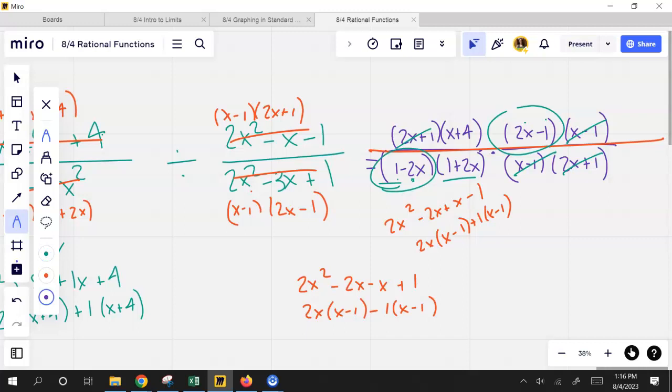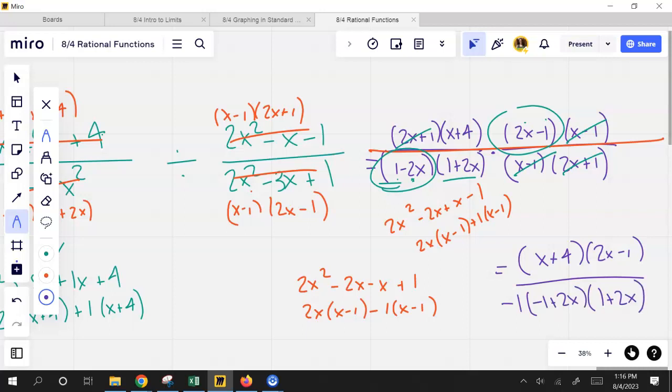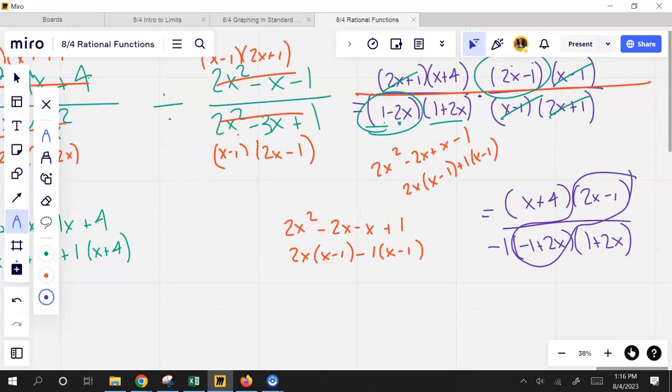Up top, x plus 4, 2x minus 1. On bottom, I'm going to take that negative 1 out. That leaves me with negative 1 plus 2x, 1 plus 2x. Now, these are the same, and those cancel. So simplified, I'm x plus 4.